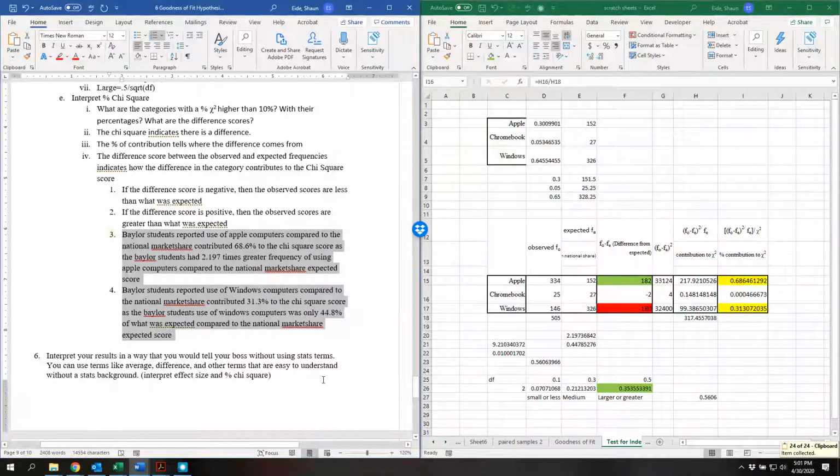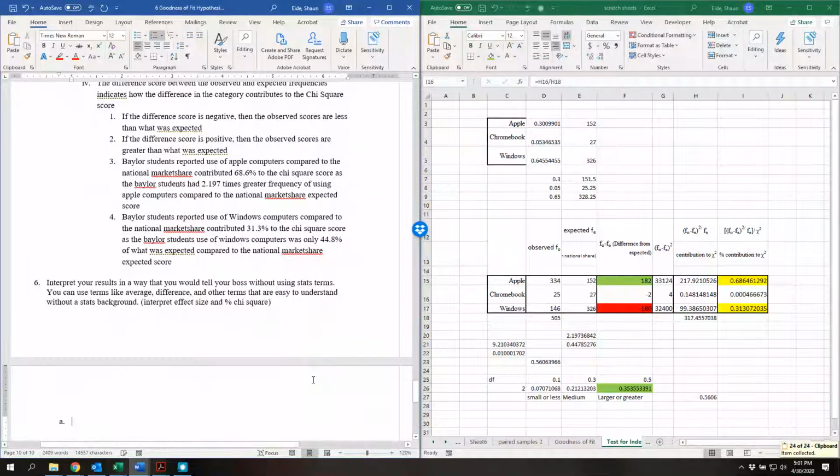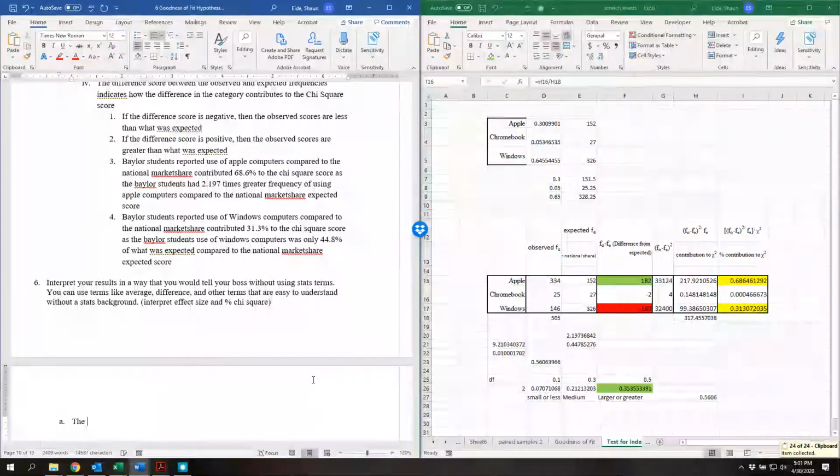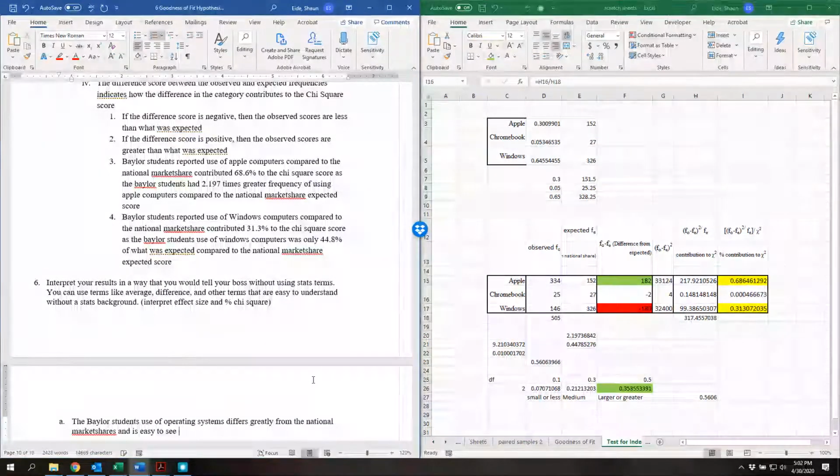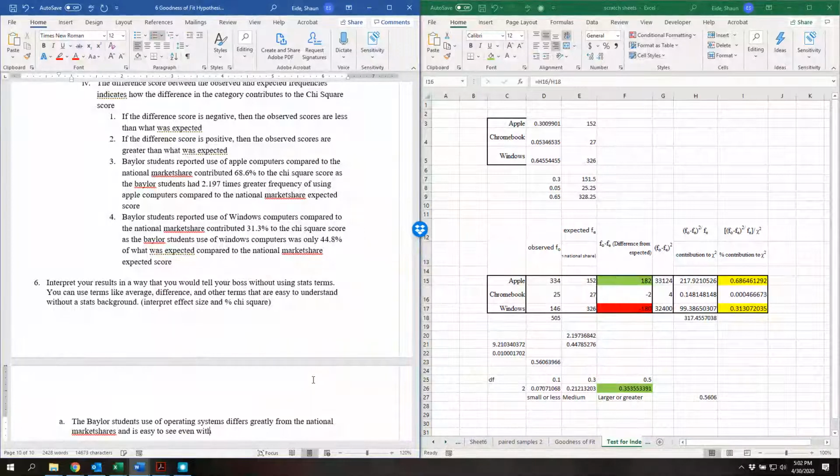And I'm going to say the Baylor students' use of operating systems differs greatly from the national market shares and is easy to see, even with small sample sizes.